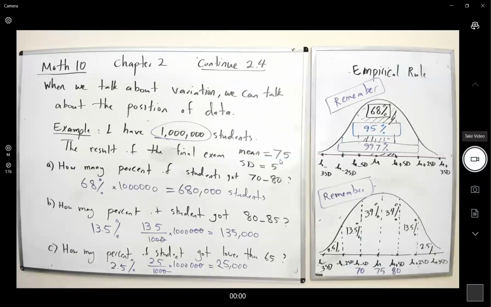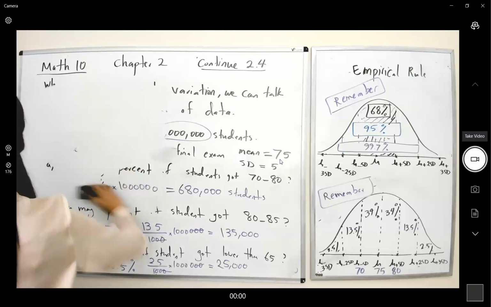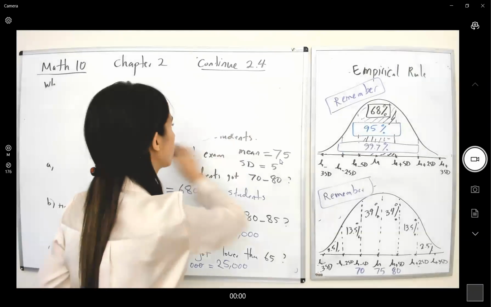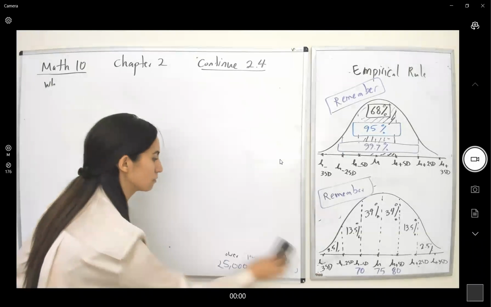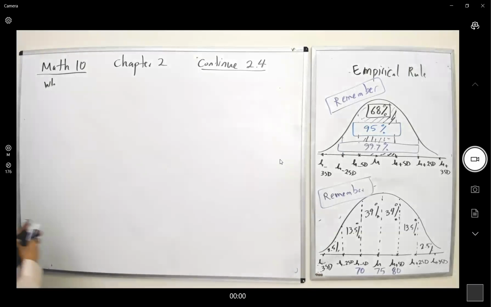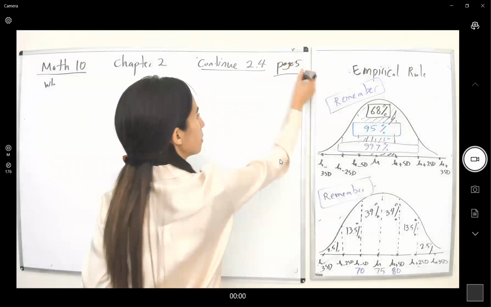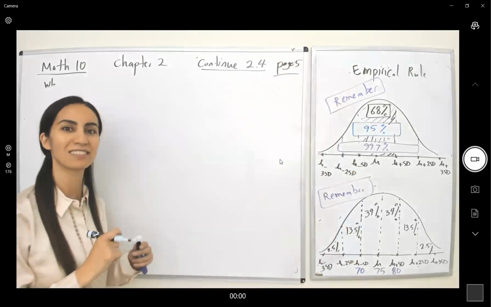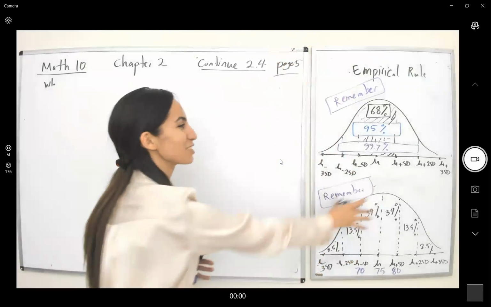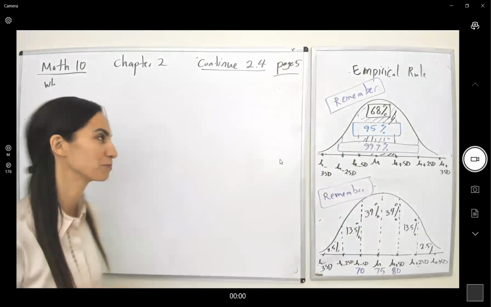Let us solve this example together. So we are on page 5, last page on 2.4. And remember that we have a nice rule. You remember these numbers, and we're going to use these numbers to have the approximation or estimation.